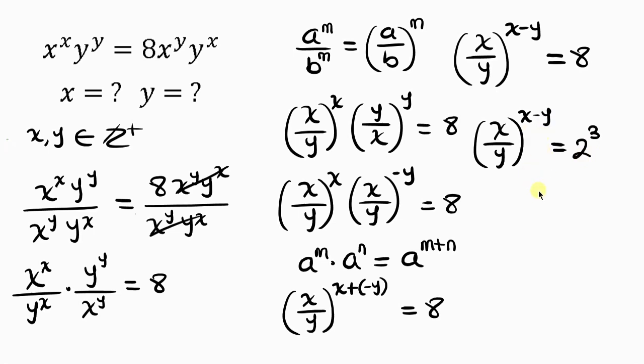So we can see that the exponent x minus y, which is the exponent on the left-hand side, will be equal to the exponent on the right-hand side. Also, the base on the left-hand side, which is x over y, should be equal to the base on the right-hand side, which is 2. Let's continue on the next slide.